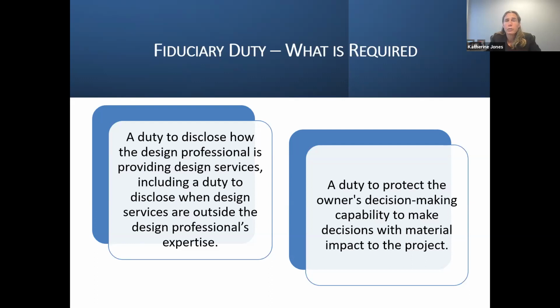A fiduciary duty also requires the design professional to protect the owner's decision-making capability to make decisions that materially impact the project. And a lot of those decisions have to do with cost at the end of the day. And so, I had a situation once where there was a hotel being built, and I can't remember what the finishes were, but there was some finish on the door handles to the hotel rooms.